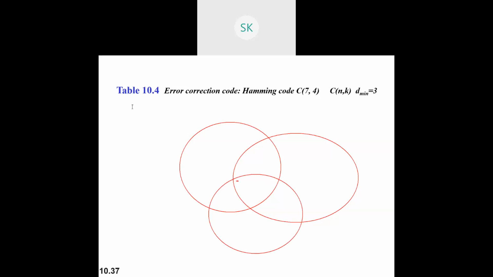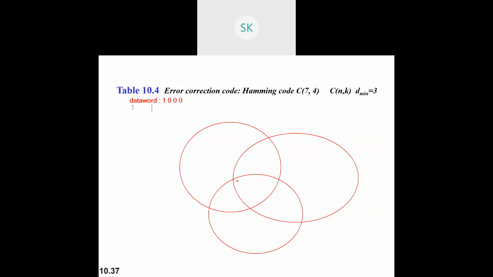Whatever data you have, suppose the data word will be 1 followed by 0 followed by 0 followed by 0. So this is your data word.